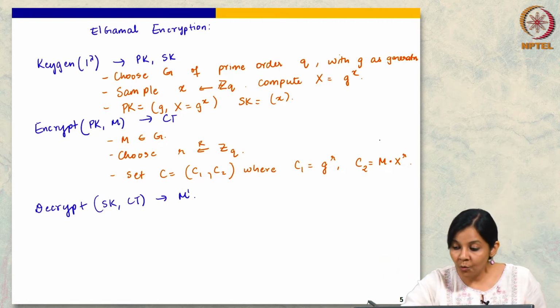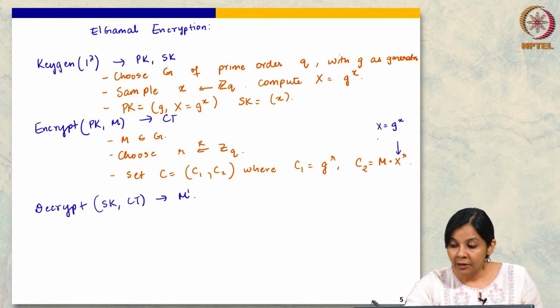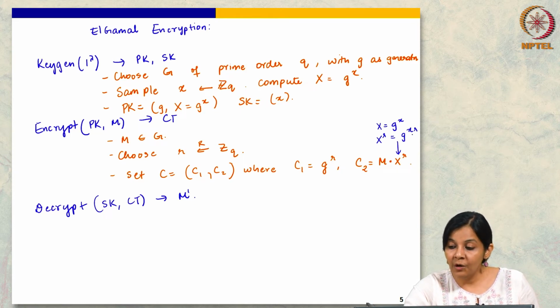Now just note one thing over here. So X is what? It is g to the x, right. So X to the r is what? It is g to the xr. So you can see one nice thing happening already, that by the decision Diffie-Hellman problem, this g to the xr should be indistinguishable from g to the truly random c, right, and my message M is being masked by this term, correct.